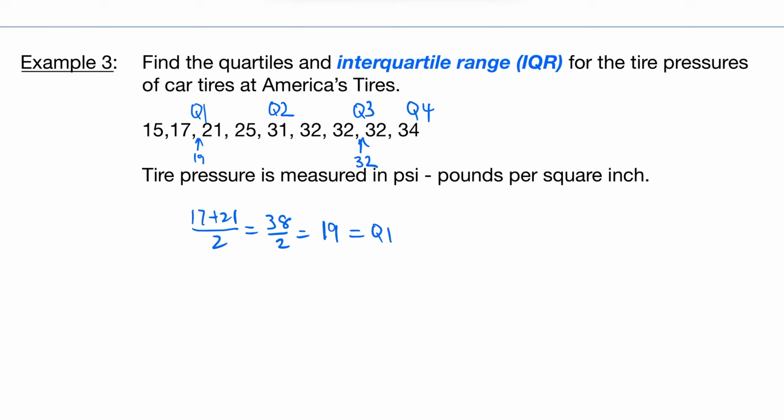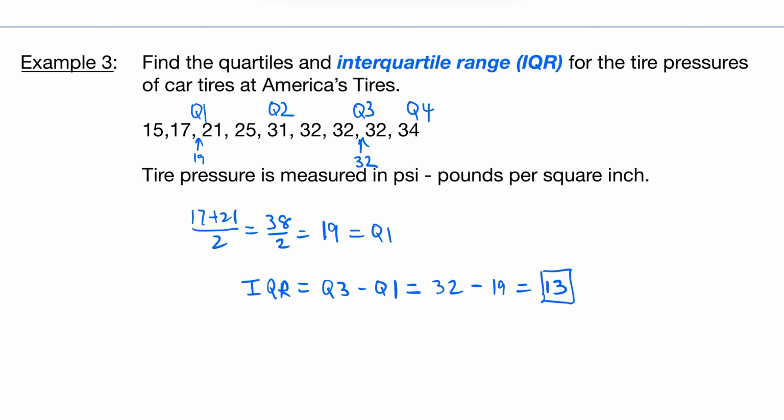And then to find the interquartile range, IQR, that is equal to quartile 3 minus quartile 1. We know quartile 3 is 32, and quartile 1 is 19, and that works out to 13. So our interquartile range is 13.